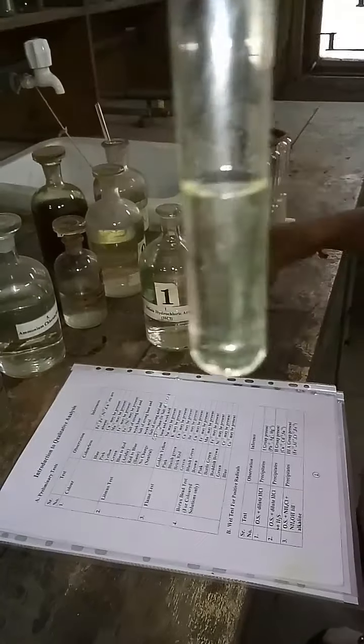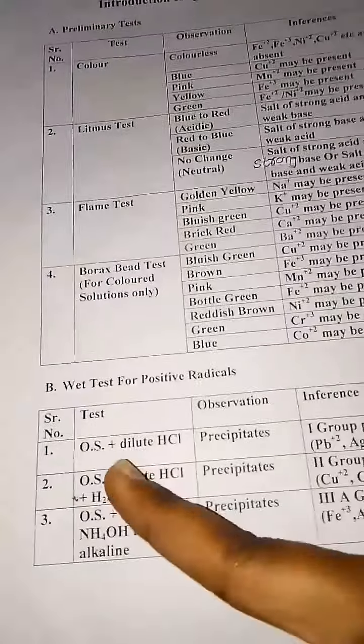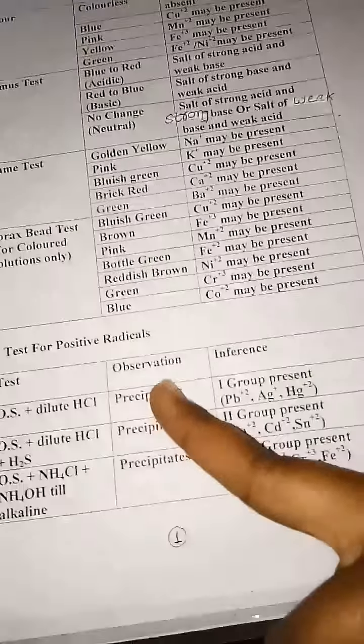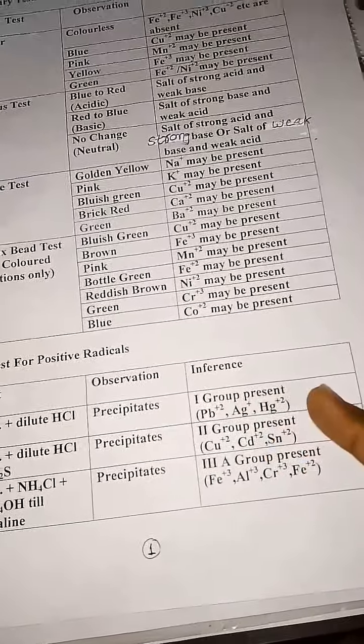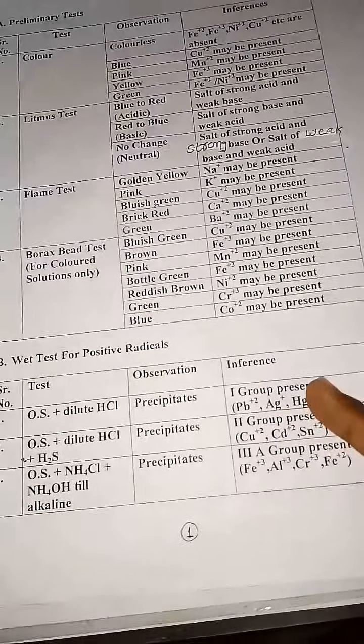As you can see, the observation is no precipitates. In this chart you write down for the first test, OS plus dilute HCl, no precipitates. So the first group is absent, and these positive radicals are also absent.